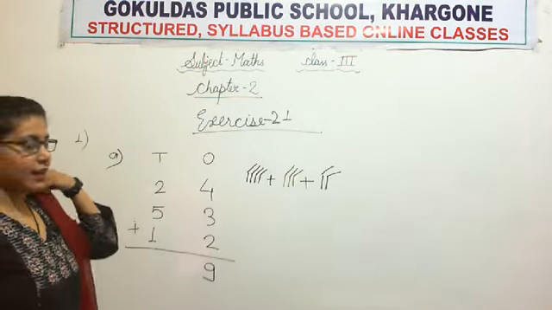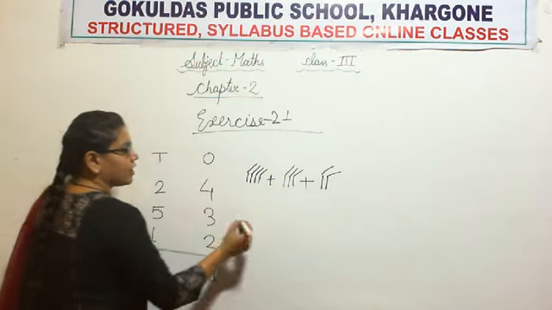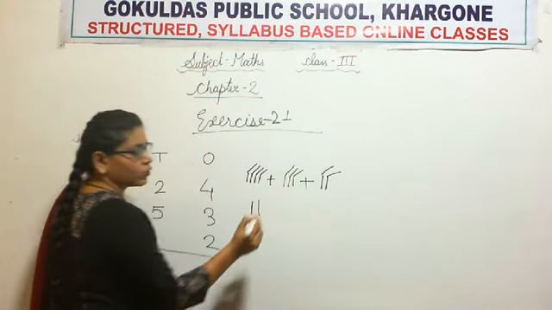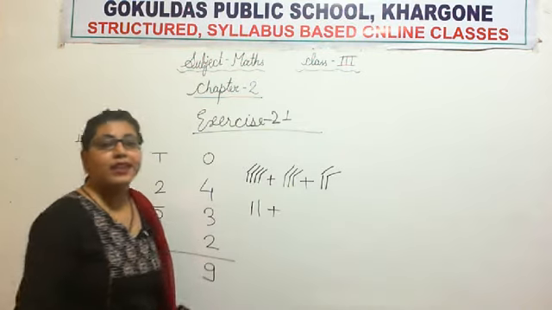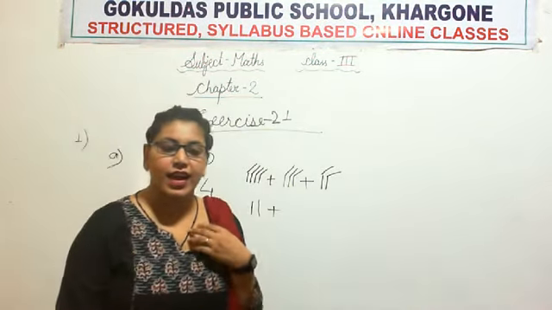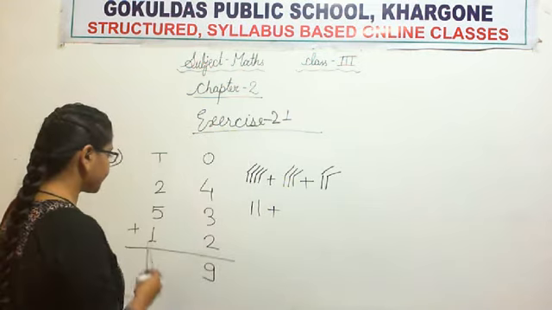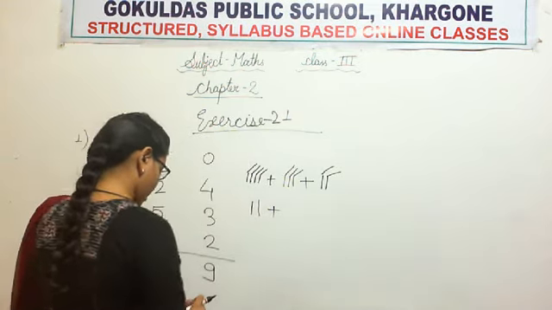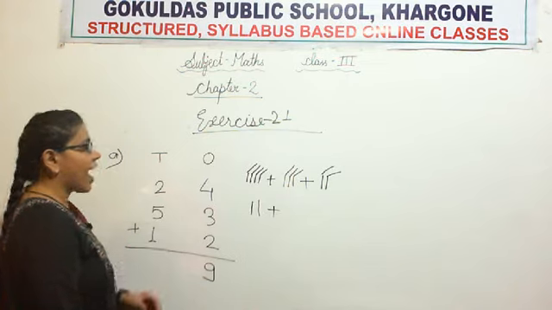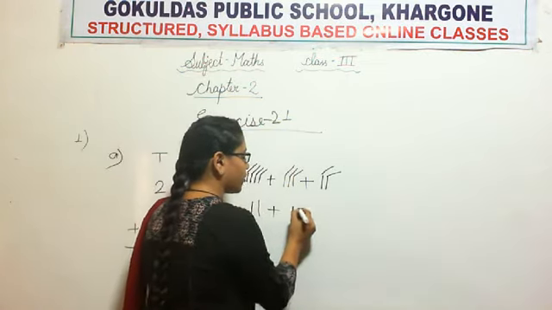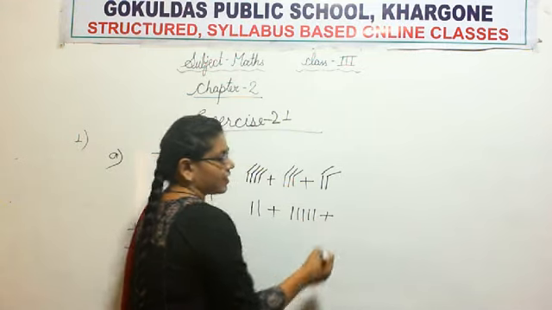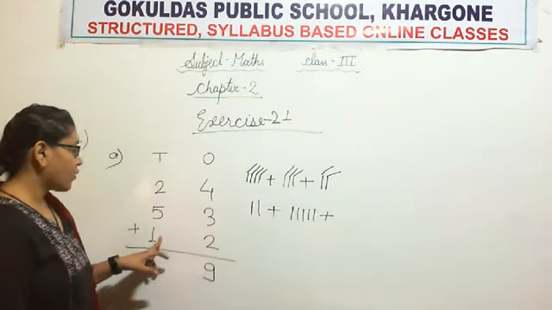Now tens turn. What is the first number here? 2. So we will draw 2 sticks. Now we will put plus sign because we are doing addition. Then the next number is 5. So let's draw 5 sticks. And the next number is 1.